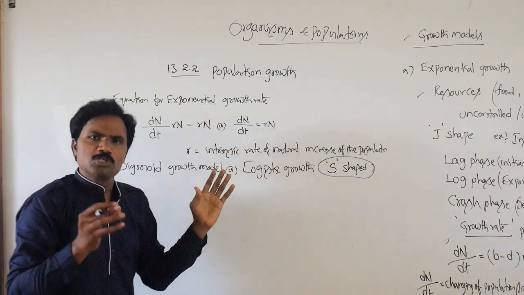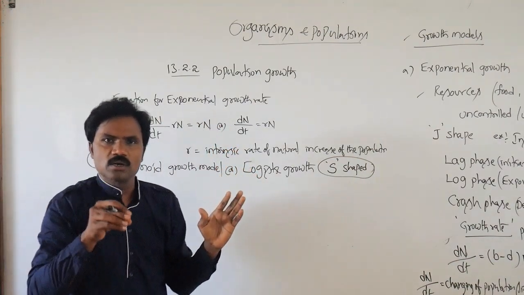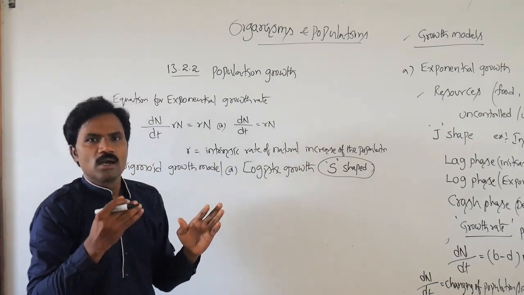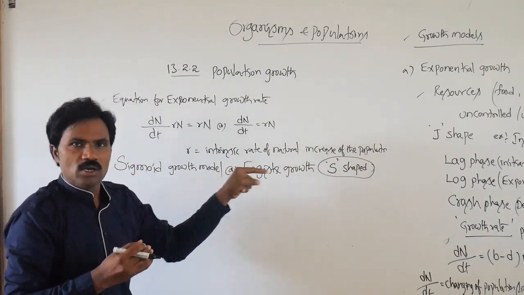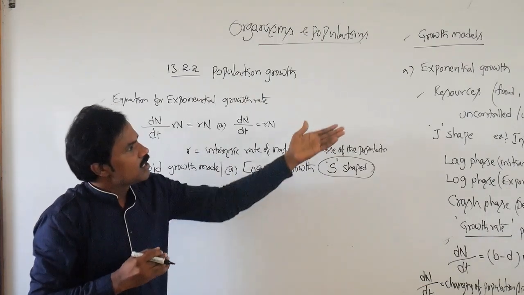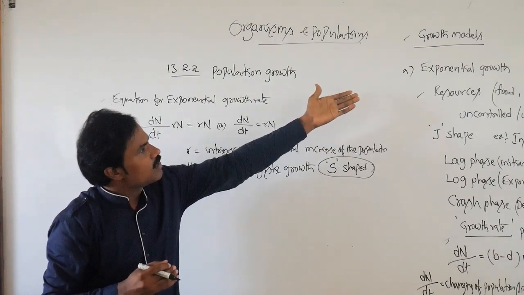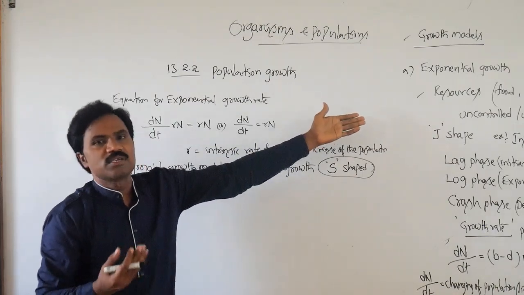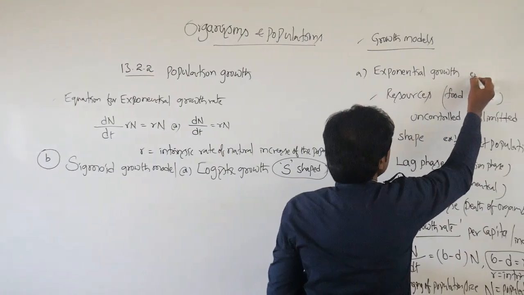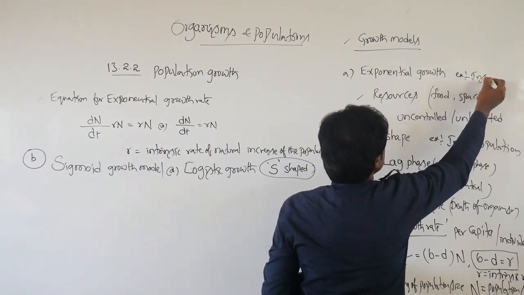For most populations, most organisms, most species, the population growth normally represents a sigmoid curve, that means an S-shaped curve only. An example of exponential growth is insects.